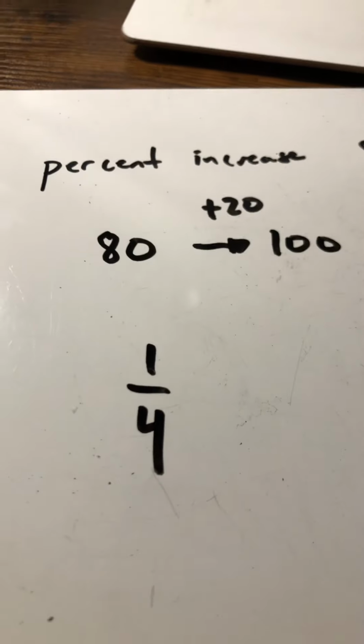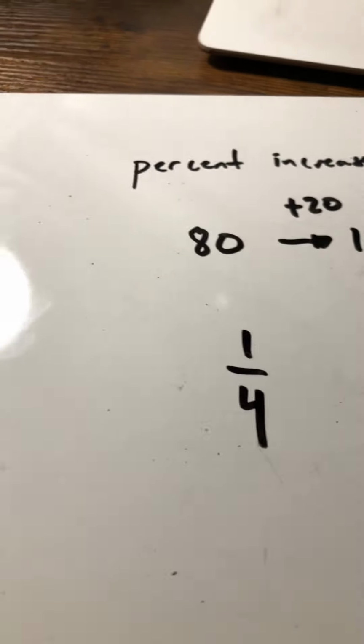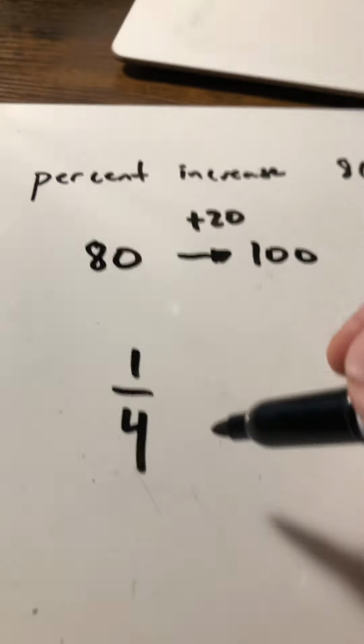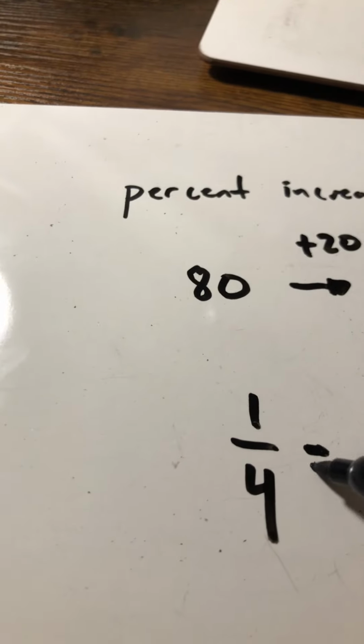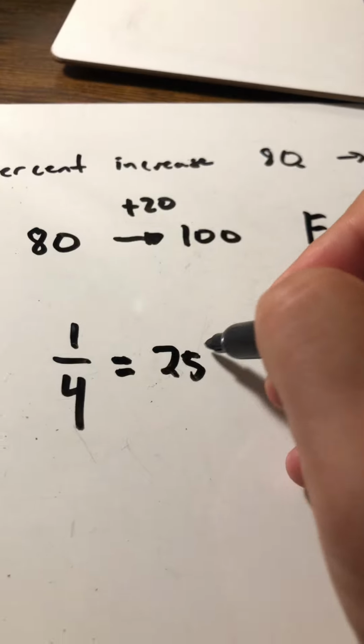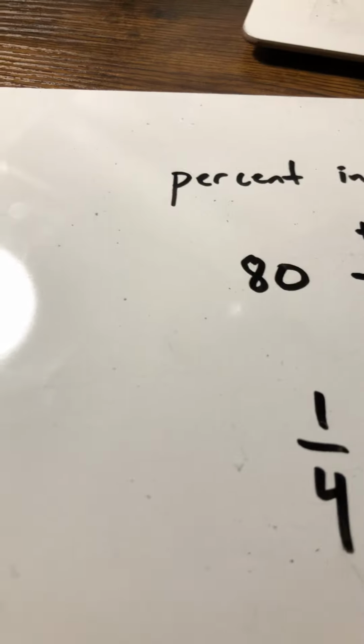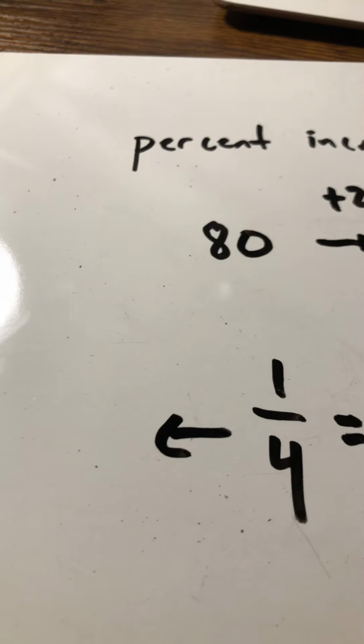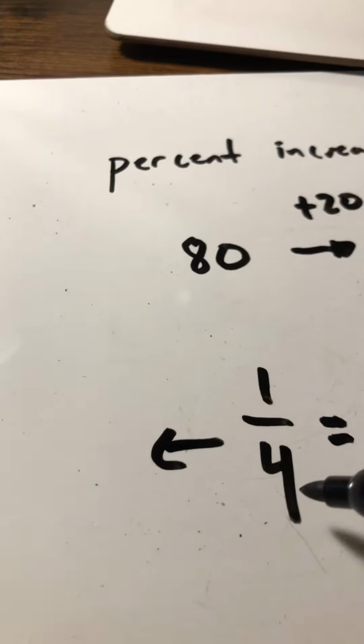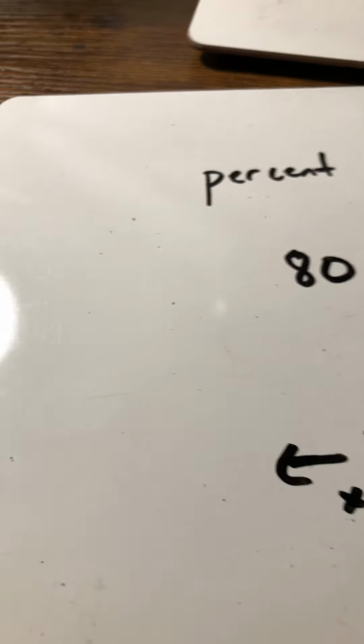Now we need to turn this into a percentage. 1 over 4 is something you should memorize. It's going to equal 25%. Another way of doing it is to say we need to get 4 into a denominator of 100. That would be times 25.